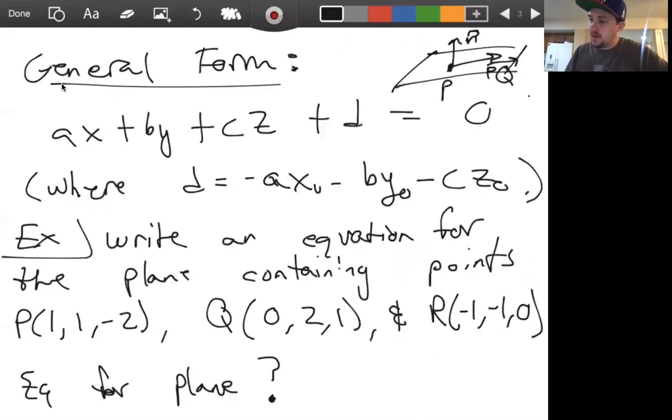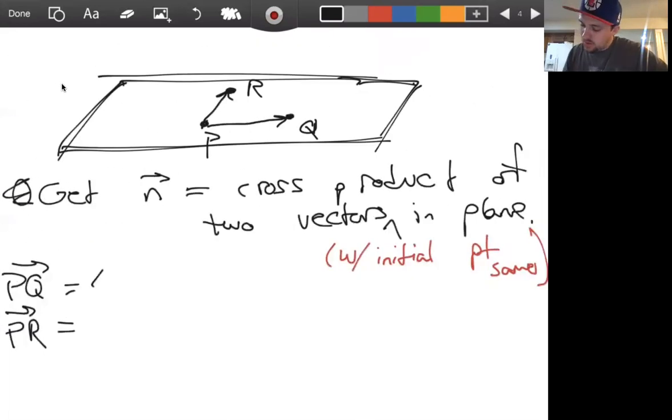And so if we take PQ, looks like we're going to have -1, 1, 3, right? So PQ is -1, 1, 3.